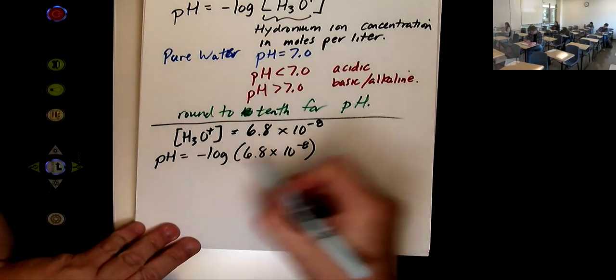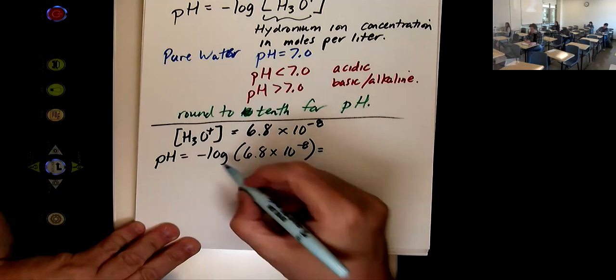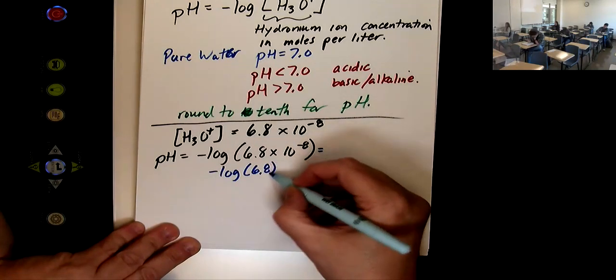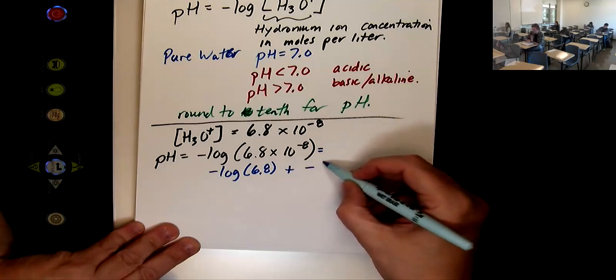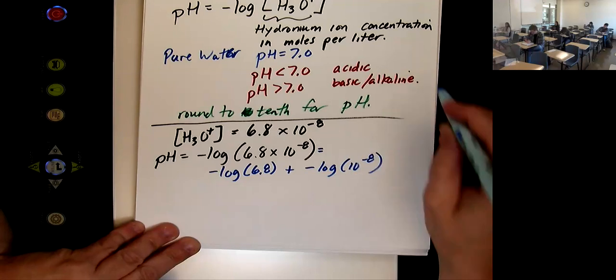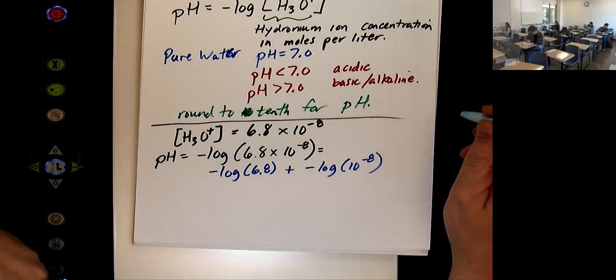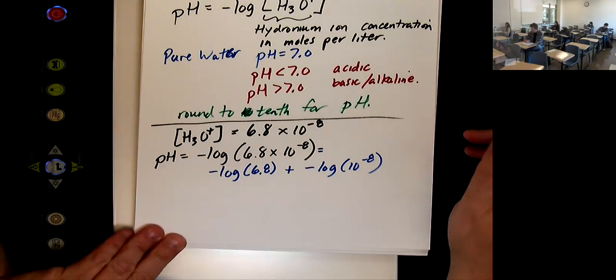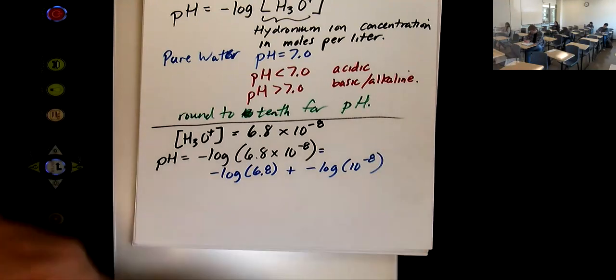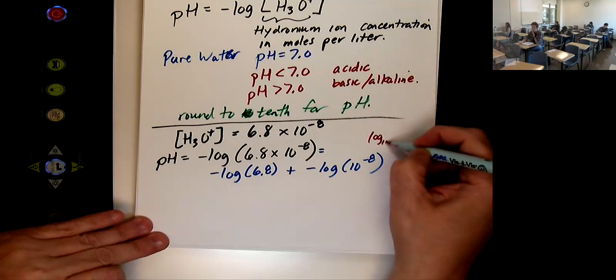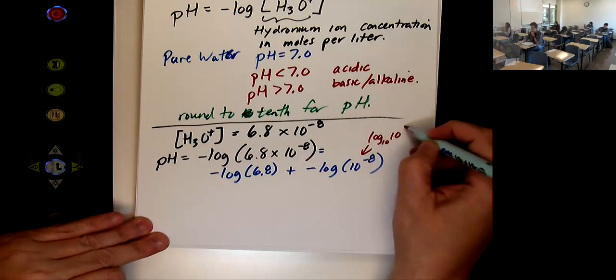We already showed we can break that up because it's a multiplication, so we can turn it into addition. This is log base 10 of 10 right here with an exponent.